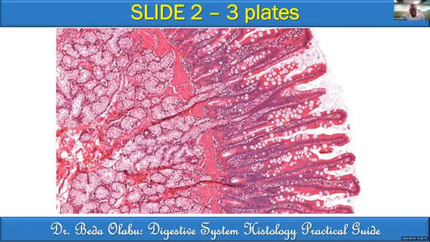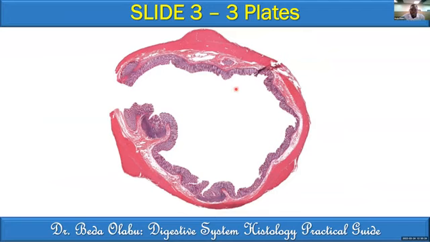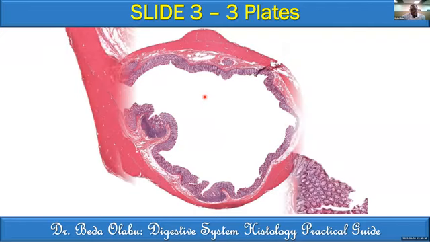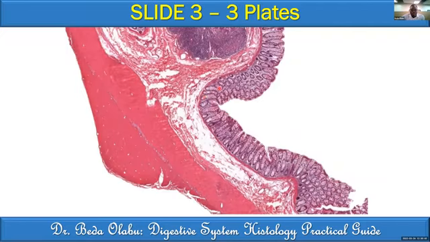Last slide that I want you to identify is this one. Again, 3 magnifications. So this lowest magnification, that is what we see. And then that second level of magnification, that is what we see. So I'm giving you time to just have a visual appreciation of that.